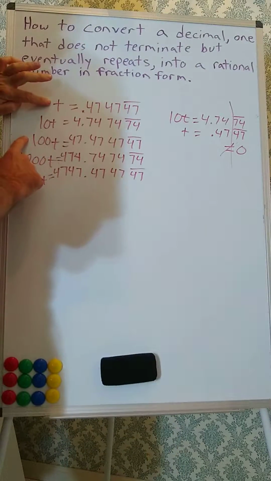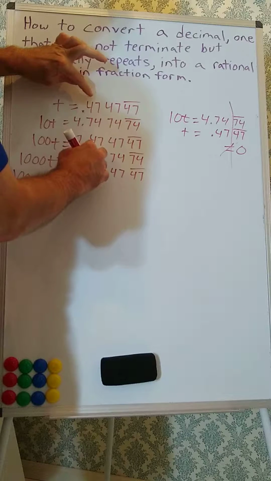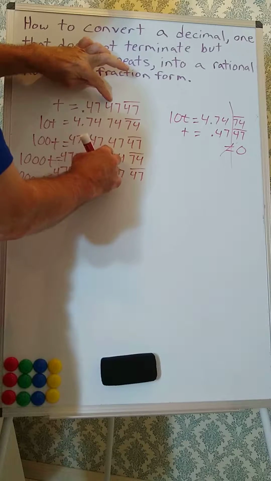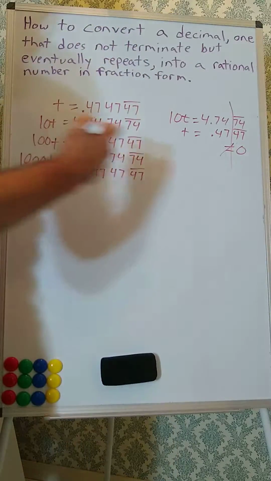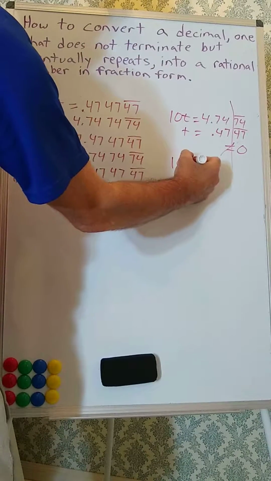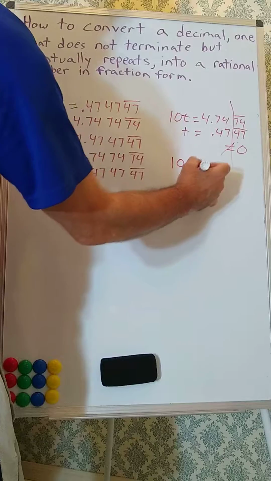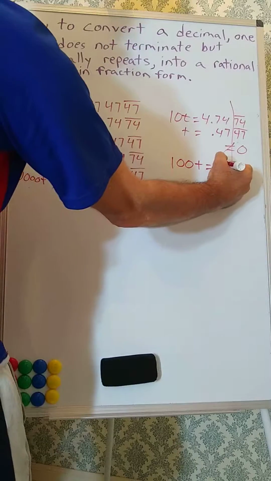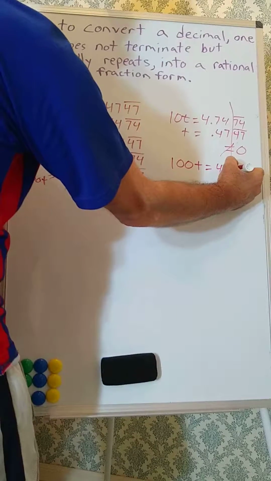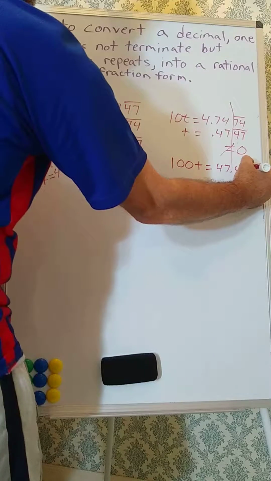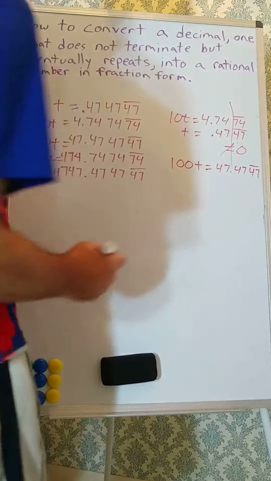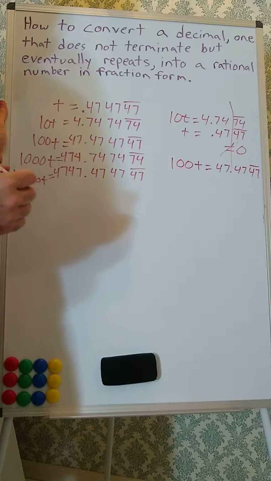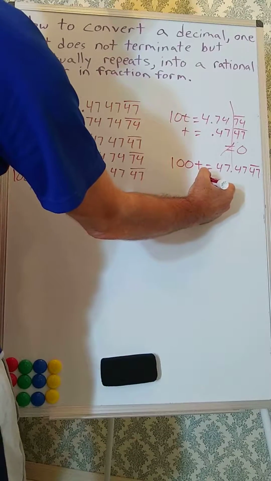So let's see. If I look at 100t and t, looking at the tens place, hundreds place, thousands place, 10,000s place, it looks like this will work. So I'm going to try 100t, which is equal to 47.4747, the 47 repeating, and I subtract t.